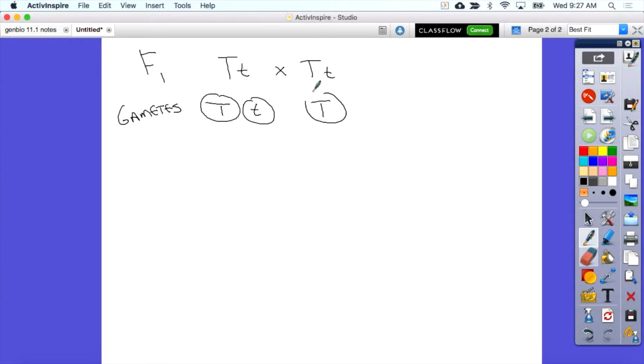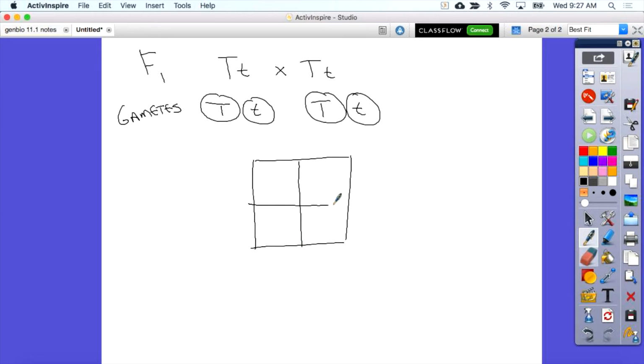There is one gamete with a big T and one with a little t. So now when I get ready to set up my Punnett square, I'm going to need a 2 by 2 Punnett square. So the number of gametes tells us how many boxes to put in our Punnett square.